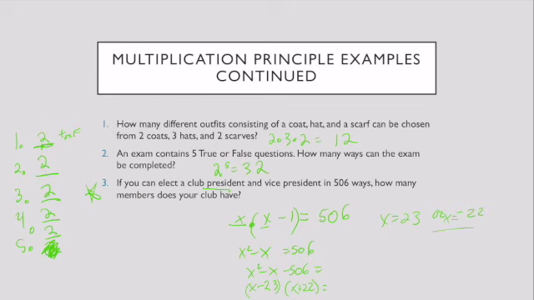Now, you can't have negative 22 members of your club. So sorry. So our answer here is 23 because it's got 23 choices for my first. We take away 1, we've got 22 for the second. 23 times 22 does give me a positive 506.